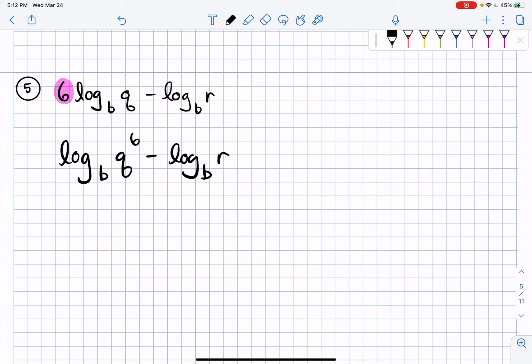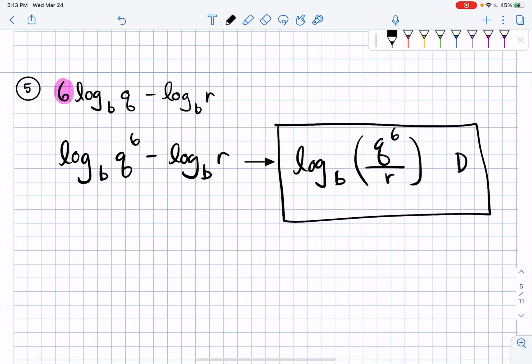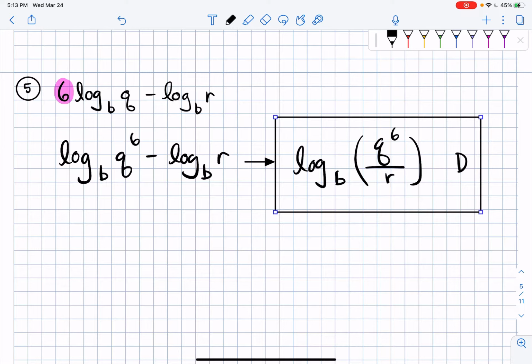And since I'm subtracting, I'm going to be dividing. So that means I'm going to have log base b of q to the 6th over r. So there we go, and that is choice D.